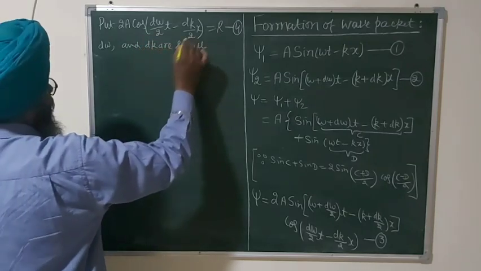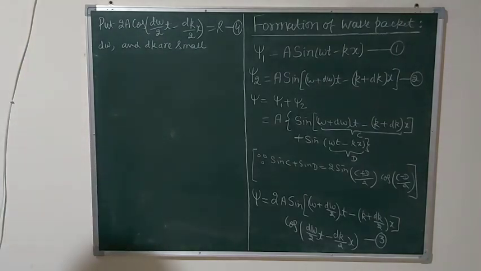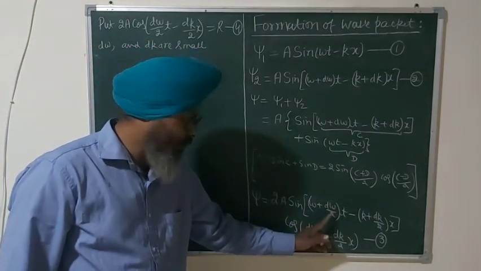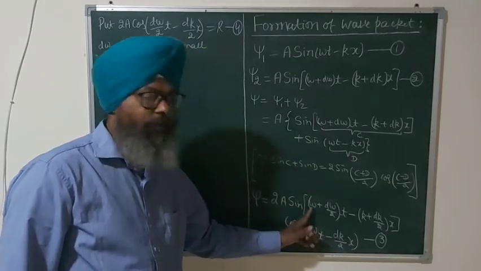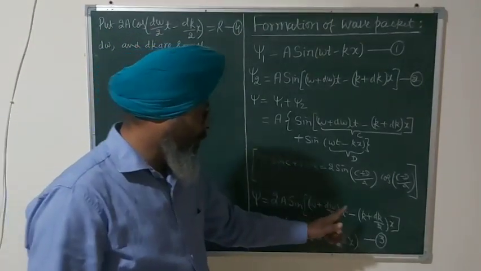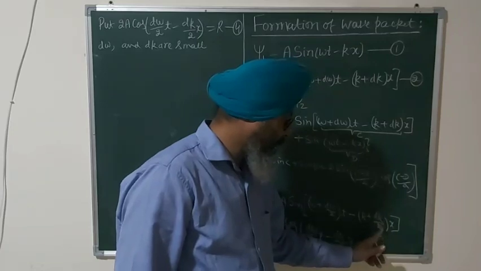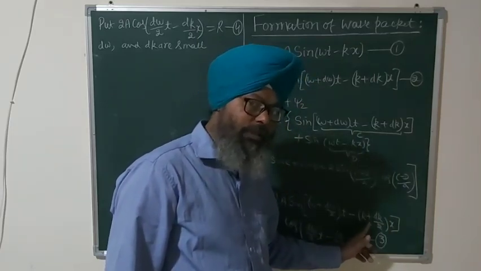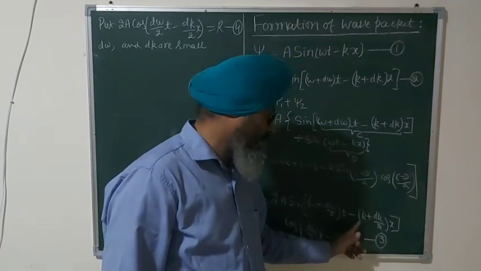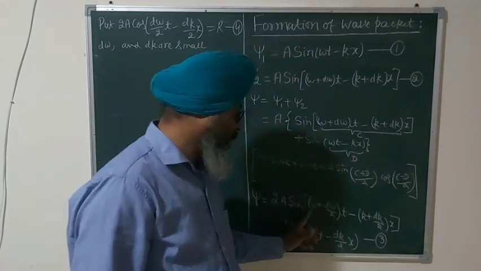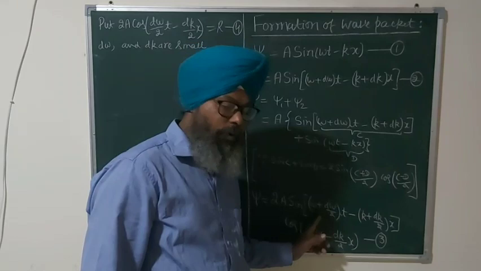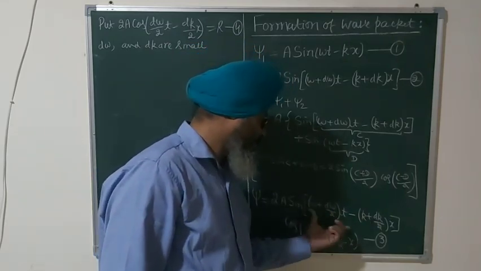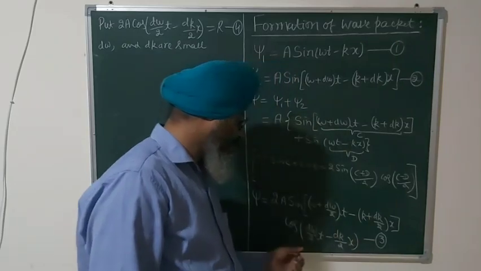therefore in equation 3 I can neglect d omega by 2 when it is present along with omega. Similarly, I can neglect dk by 2 when it is present along with k, because it is negligibly small compared to k and omega. So I can neglect the d omega and dk terms in the first part only.